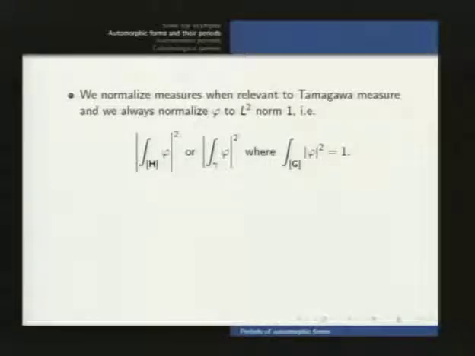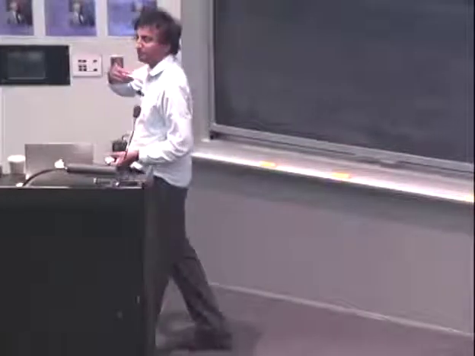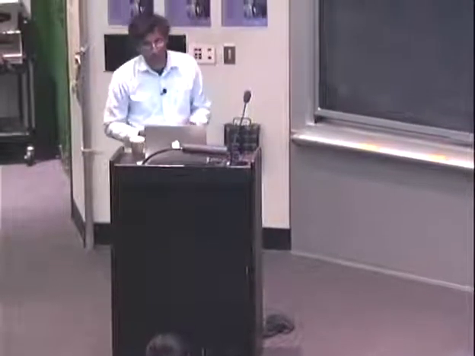This is just a bit of a nitpick. When I integrate, you want to have a measure. There's a measure on everything in sight, which is Tamagawa measure. Also, I think most people could probably safely ignore this, but there's an issue of how you normalize this form. Usually a form is given to you in a way that's unique only up to scaling, so you want to have some way to normalize it.